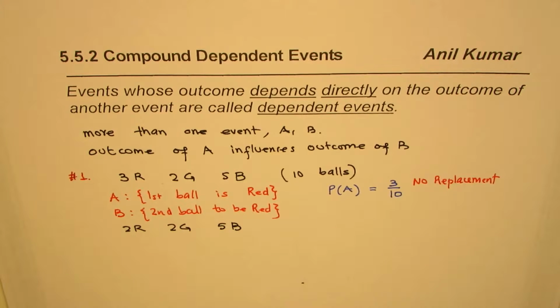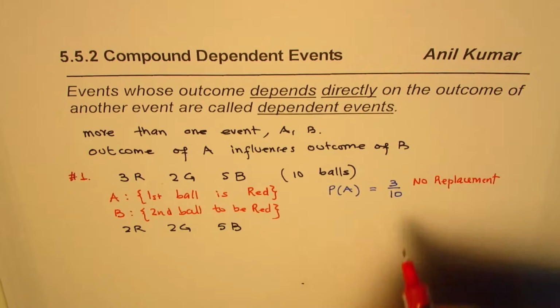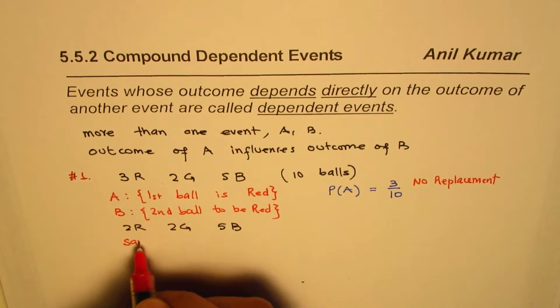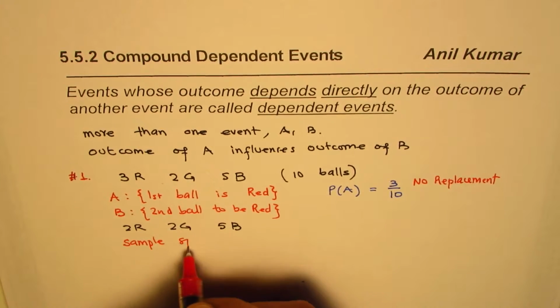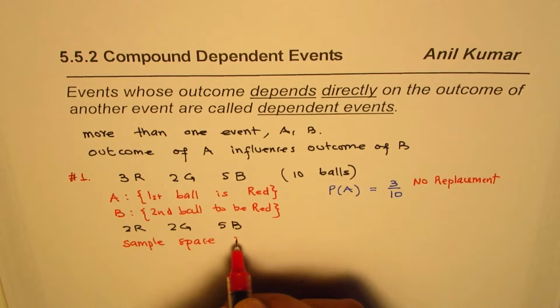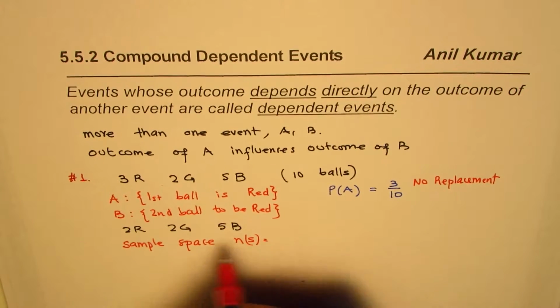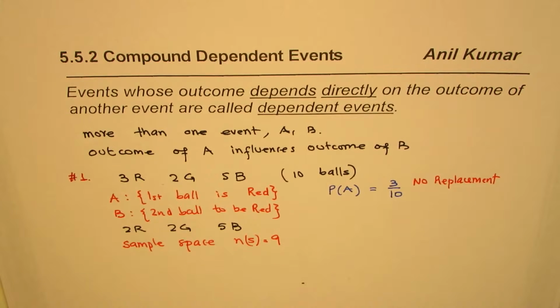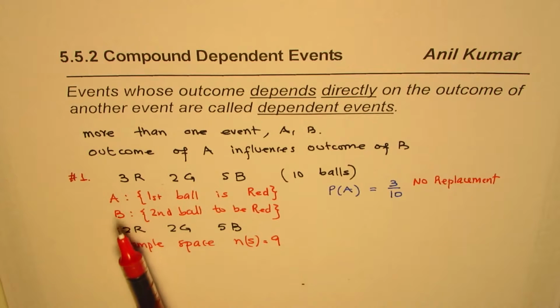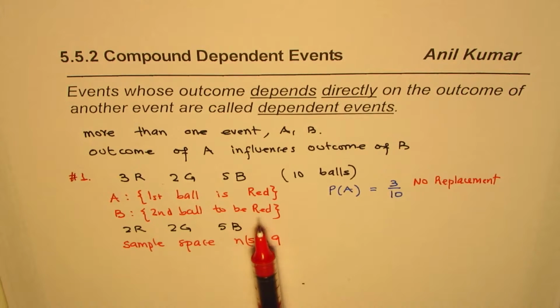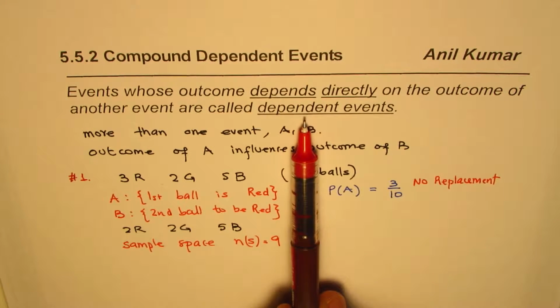Do you see that? You note that the sample space has changed. So n of S is not 10, but it is 9. The event B follows event A, and we want again to draw a red ball. Since the sample space has changed, it has influenced the outcome.